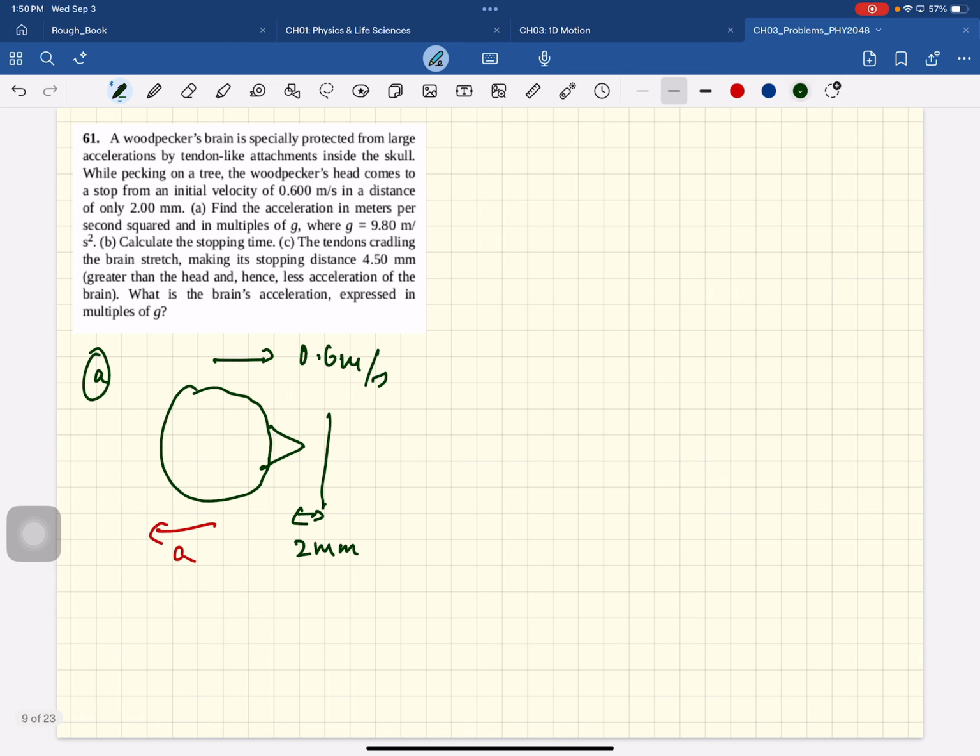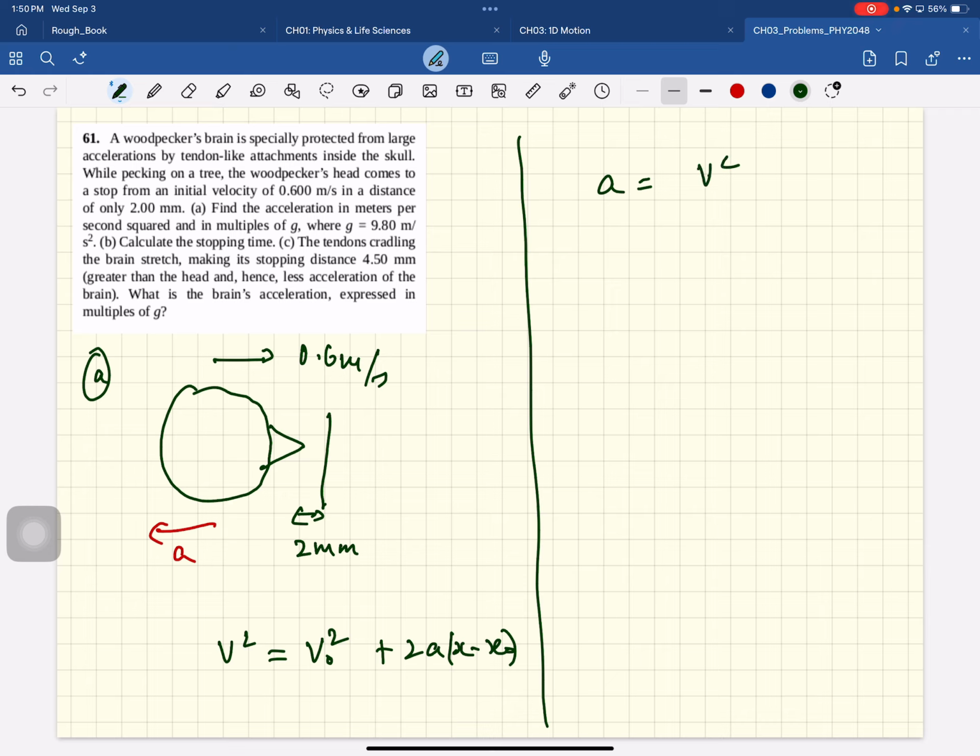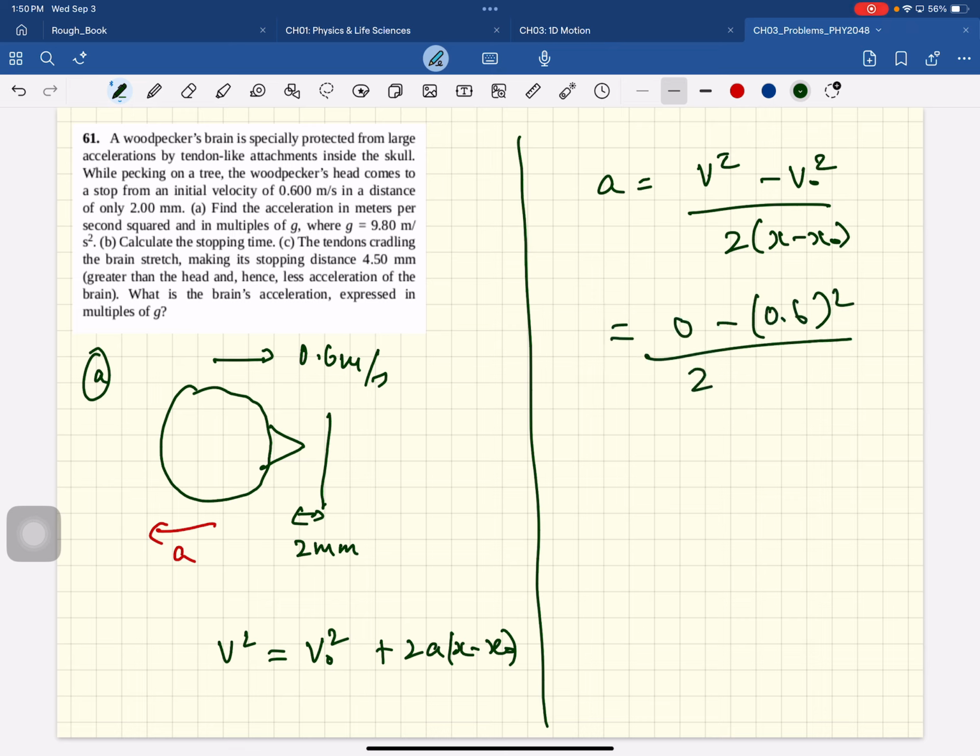Okay, so we can use v squared equal to v naught squared plus 2a times x minus x naught. So the acceleration would be v squared minus v naught squared divided by 2 times x minus x naught. 0 minus 0.6 squared divided by 2 times 2 millimeters, a millimeter is a thousandth of a meter. Okay.